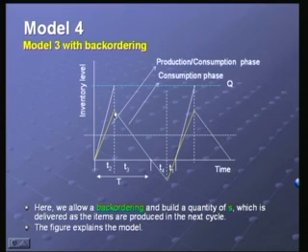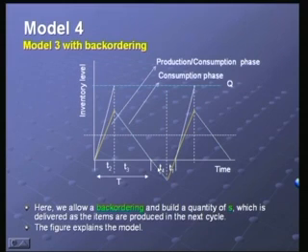Now, once that inventory Im is built up, we stop the production. We assume that the facility is producing some other item during this period, and then we consume. Start consuming at the rate of D till the inventory reaches 0. We do not start the production immediately as we did in the previous case.